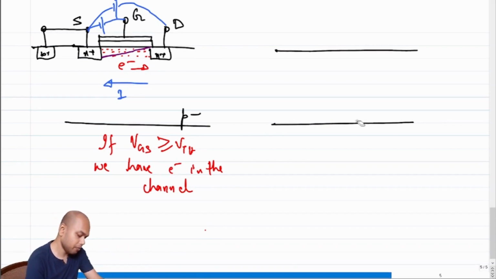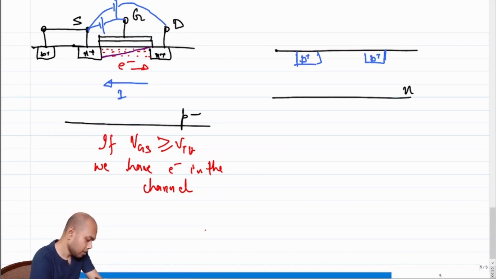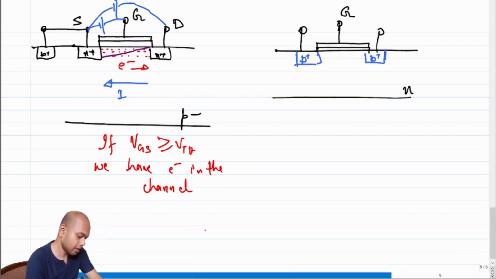So we have a device where the base is n-type and we have p-type doping here, with oxide on top, a metal gate layer on top of that, terminals connected here and here, and a body terminal, and the body is also n-type.